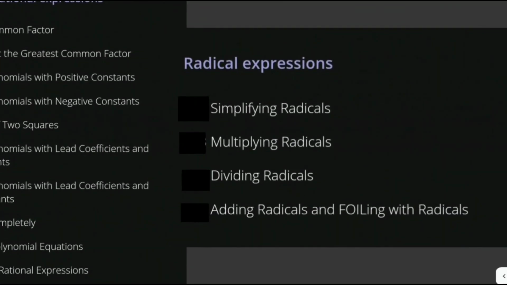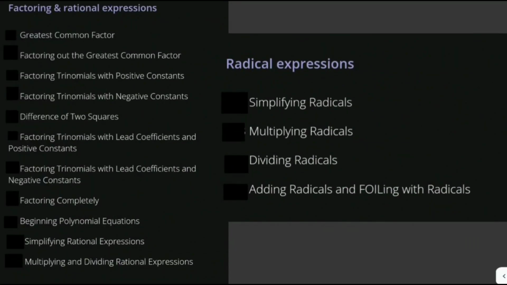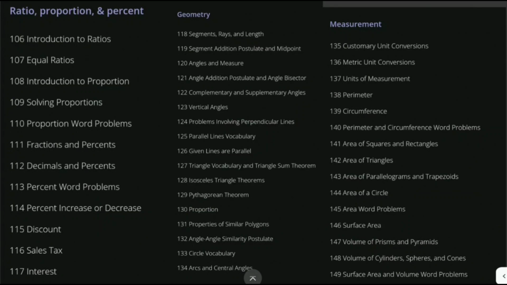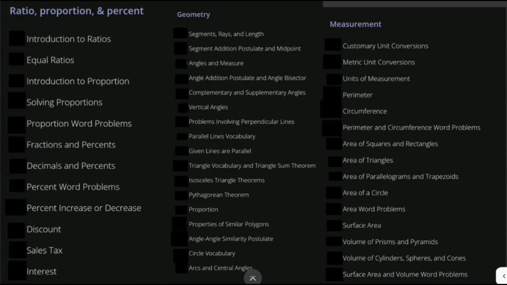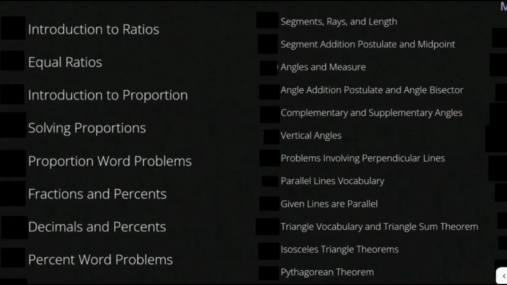And we also have radical expressions. So you need to review simplifying radicals, multiplying radicals, dividing, adding, and FOILing with radicals. Then you need to review ratio and proportion and percent.